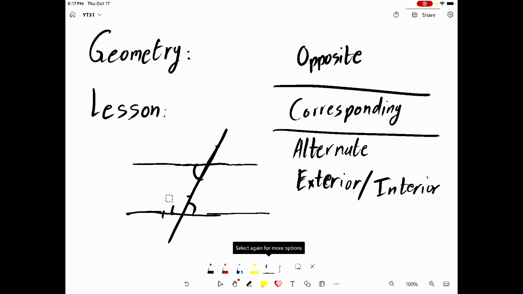So, that's the alternate interior angle theorem. The alternate exterior angle theorem is simple. It's the same thing, except we have the angles on the outside and on the opposite sides of the transversal and on the opposite lines. So let's move on to some examples.